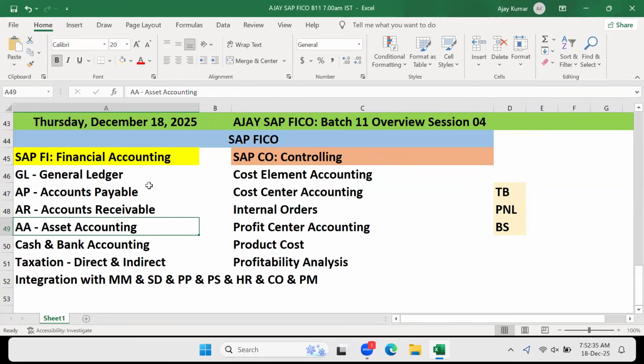Then you will go and see the finance department, how many members are there. I have two junior accountants and one senior accountant. I am paying maybe 20,000 to each junior accountant, and 30,000 to the senior accountant. Now I will see, do I really need two junior accountants? Can't I manage with a single junior accountant and one senior accountant?